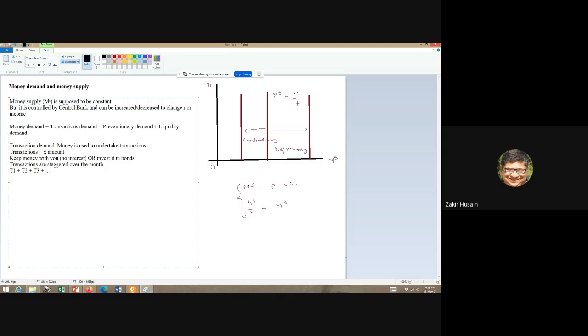So ideally, what you can do is you can invest the entire money in bonds, and then as soon as you require the money, you withdraw T1. You require T1 first. After 2, 3 days, you go and withdraw T2. Then again after some time, you go and withdraw T3.